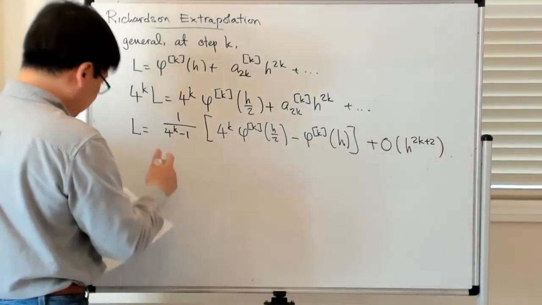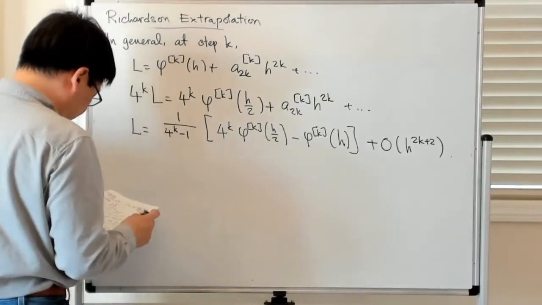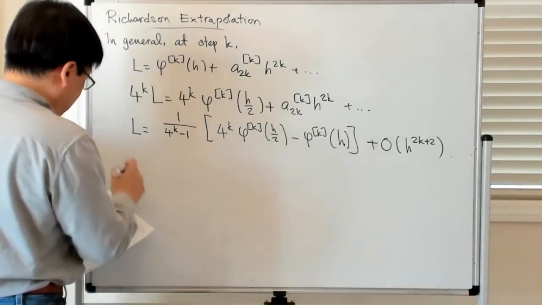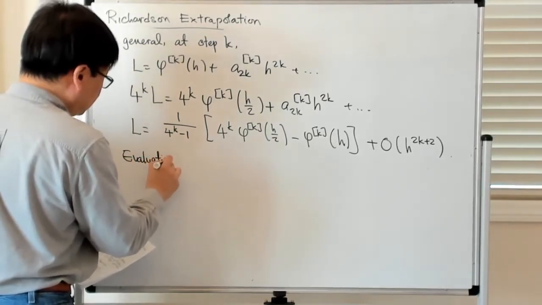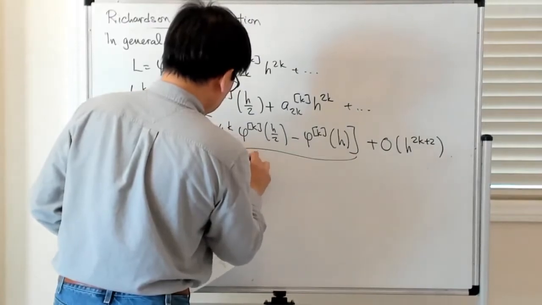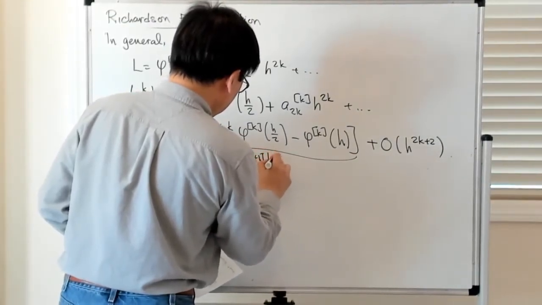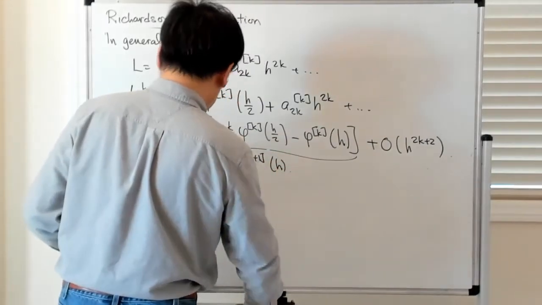So again, let me say a bit about that. You recall, and I think I should say that this obviously is phi k plus 1 h.